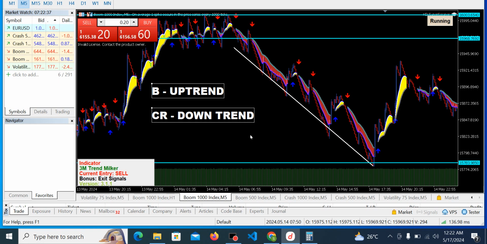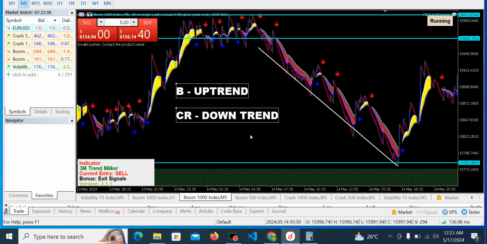In other words, for boom, whenever the market is on uptrend, most of the support zones are very important because they are the most likely places where the spikes will happen. For crash, most of the resistance zones are very important when the market is on downtrend because they are most likely where we are to experience the sudden spikes. So this is very important.